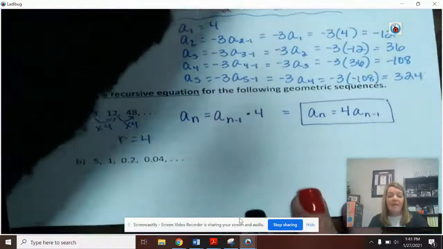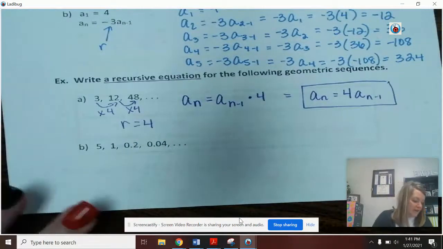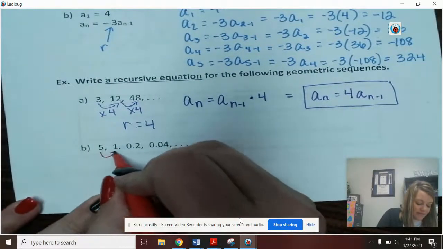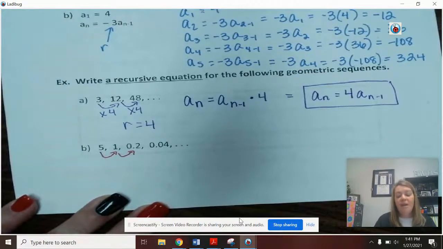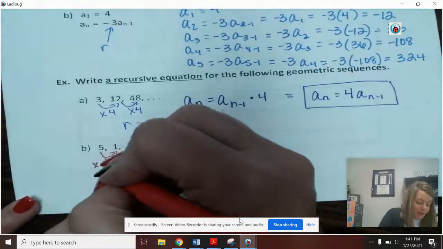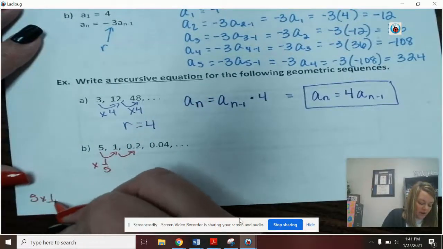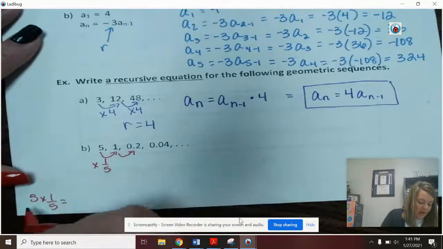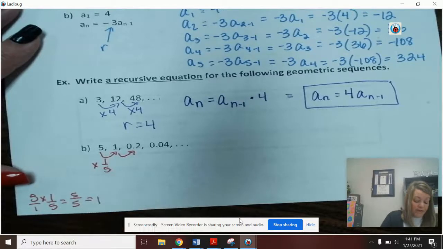All right, last example. We have to figure out what our r is. So what are we doing to get from 5 to 1 and 1 to 0.2 and etc.? Well, I think to get from 5 to 1, I could multiply times 1/5, okay? Because if I take 5 times 1 over 5, I can put this 5 over 1 and I get 5 over 5, which is 1 indeed, which is right there.